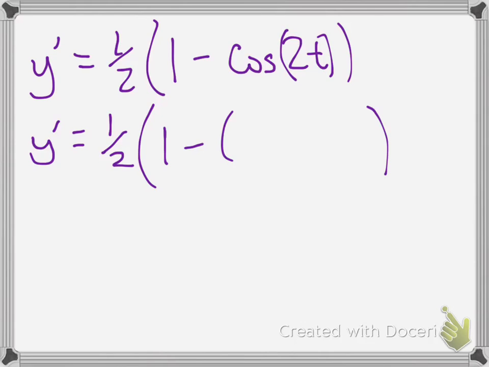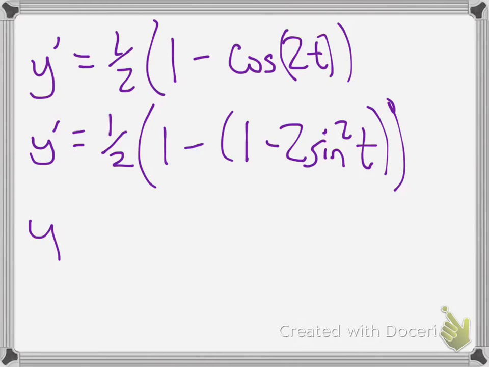Since we're trying to get sine squared t, I'm going to use the formula that has sine squared t in it. So it's 1 minus 2 sine squared of t. You can do a quick Google search, or maybe your textbook has the trig identities in it. Cosine 2t has 3 formulas. One of them is 1 minus 2 sine squared t.